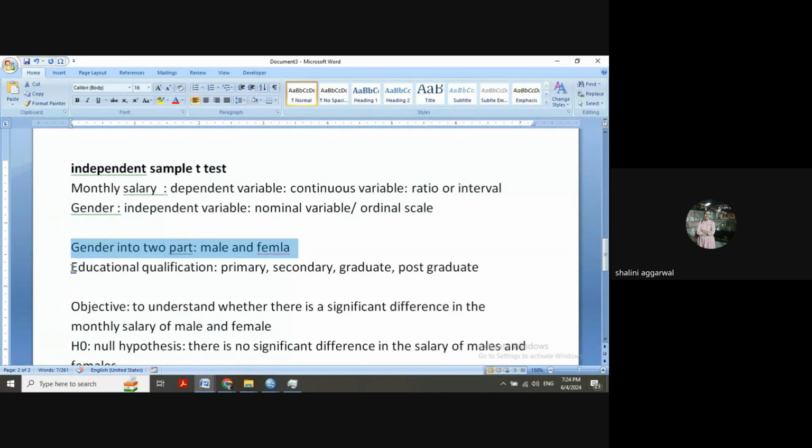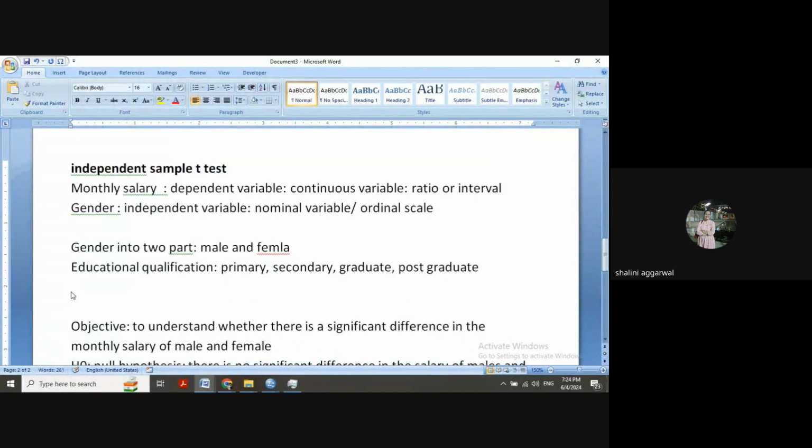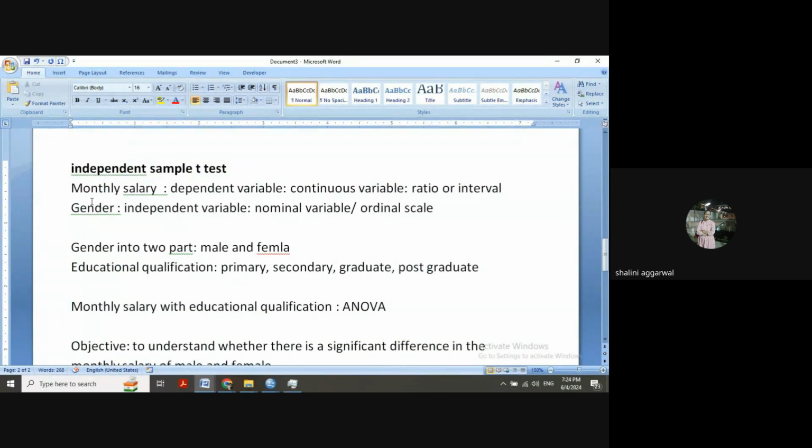But if your objective is monthly salary with educational qualification, अगर आपका objective ये हो जाए, then you will be applying ANOVA here. The same rule is followed for the independent sample t-test and for ANOVA. What is that rule?